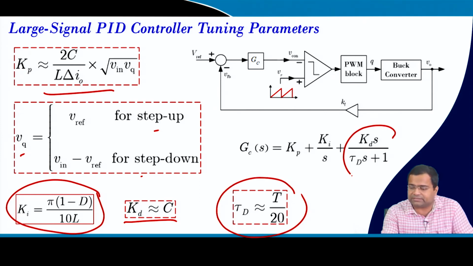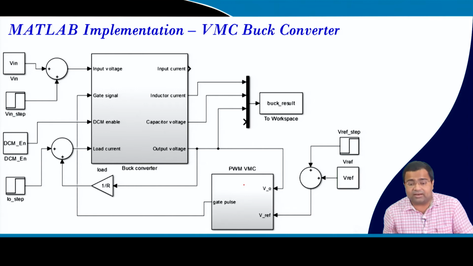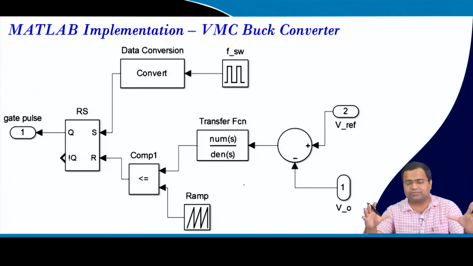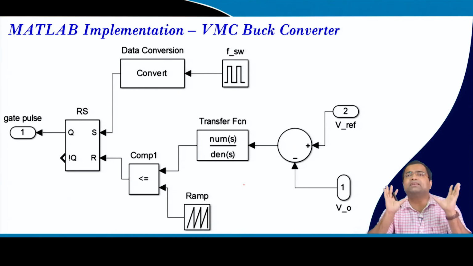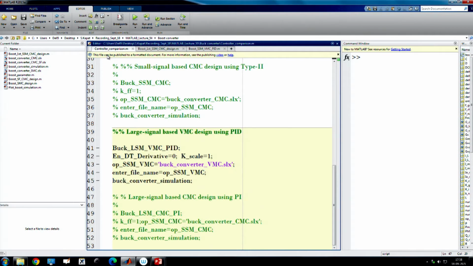Because of this band limited derivative, the time constant should be much smaller than the switching period, which we have also discussed. And we know the voltage mode control implementation: output voltage, reference voltage. So, it is exactly the same as the regular voltage mode control, where we are only applying the large signal tuning. Okay. So, let us go to the simulation model and check the performance comparison.